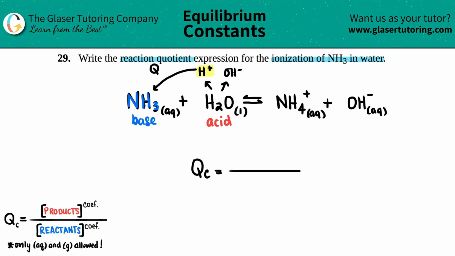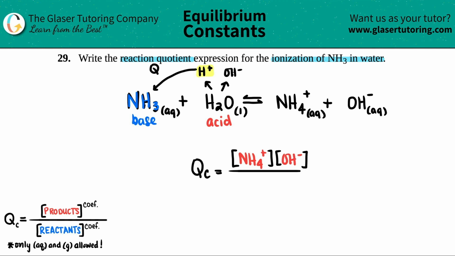Qc is something over something, right? Products divided by reactants. I'm going to use the Qc formula here, generally because acid-bases are going to be with concentrations. There's no gases here, so I can't use the pressure ones. Okay, and now let's do it. Bracket, we've got my 2 aqueous guys, NH4 plus, close that bracket, and then I have OH minus, close that bracket.